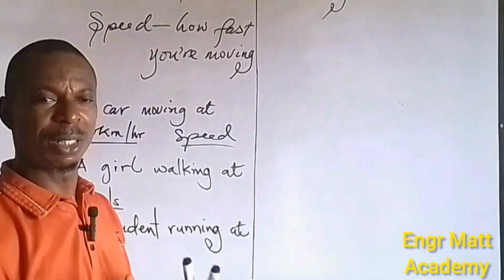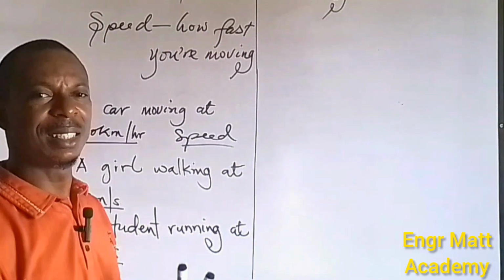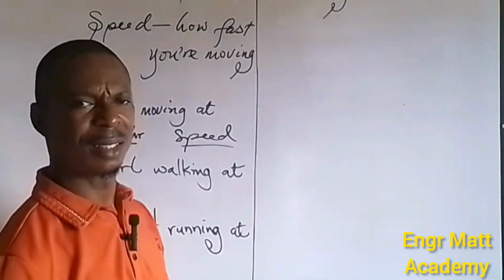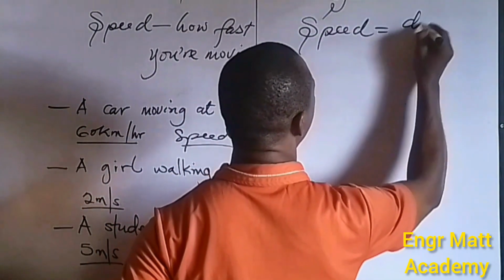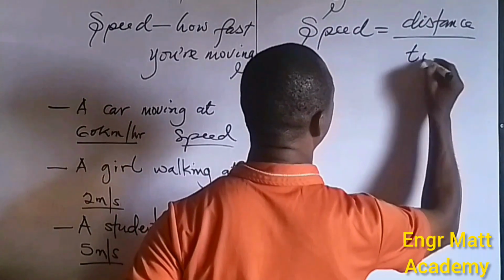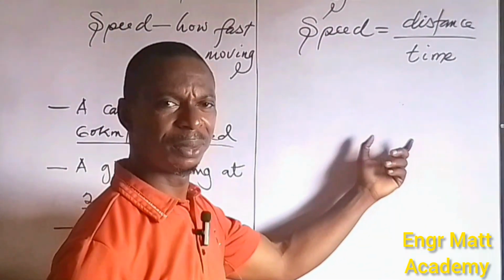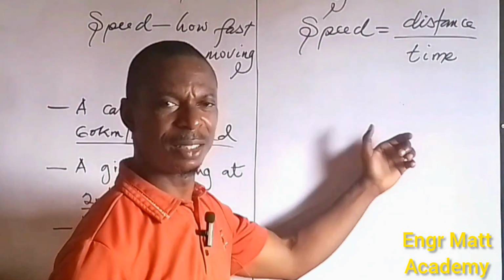So speed is actually interested in the distance covered and the time spent in doing so. That is, speed is equal to distance over time. And that is it. The distance traveled, the distance covered, divided by the time taken.